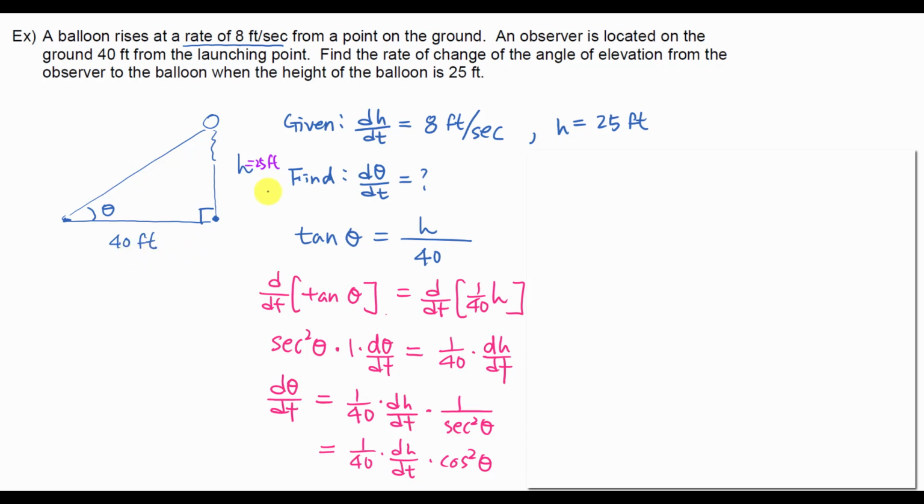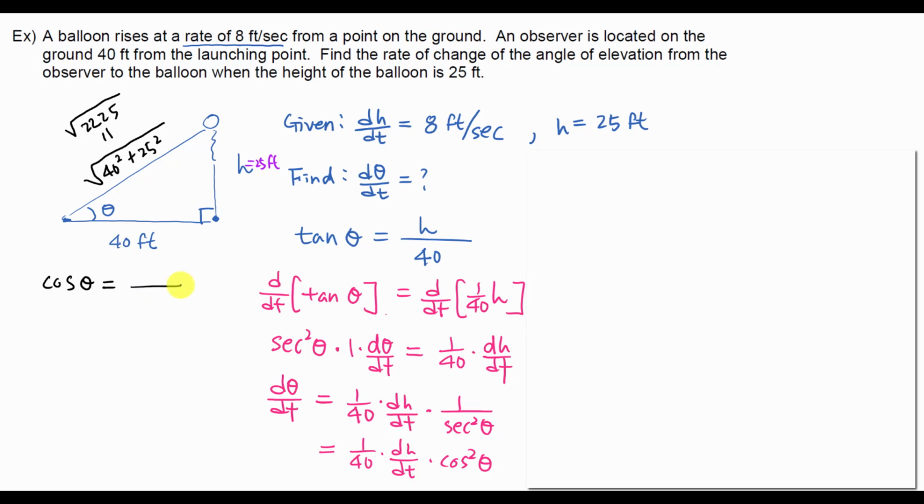So when h is 25 feet and your adjacent is 40 feet, then hypotenuse is square root of 40 square plus 25 square, which is equal to square root of 2,225.